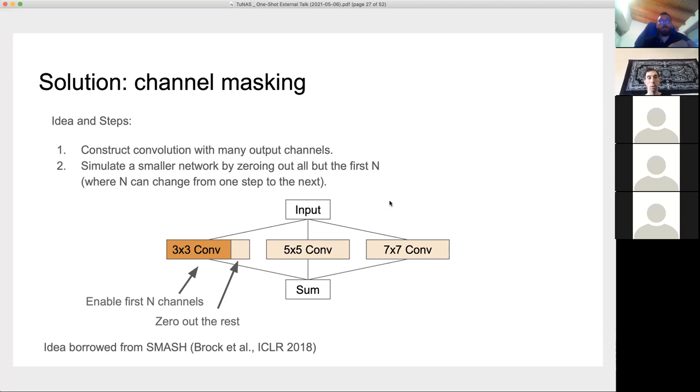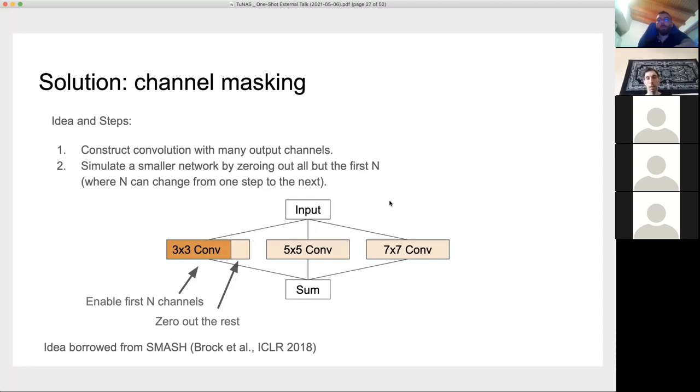Let's make the math easy. Let's say 100 output channels. And if we want to emulate a smaller convolution, say containing 80 output channels, then we can just zero out the rightmost 20. And so by generating a big convolution and masking out different subsets of the channels, we can actually emulate convolutions of different sizes.